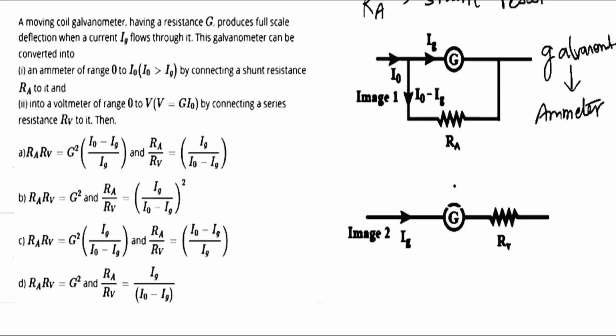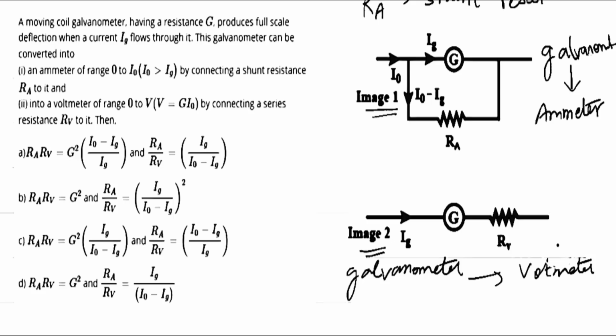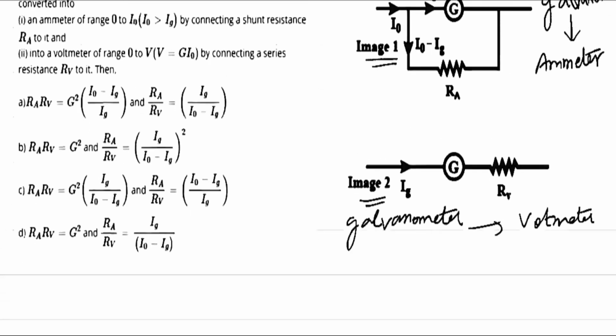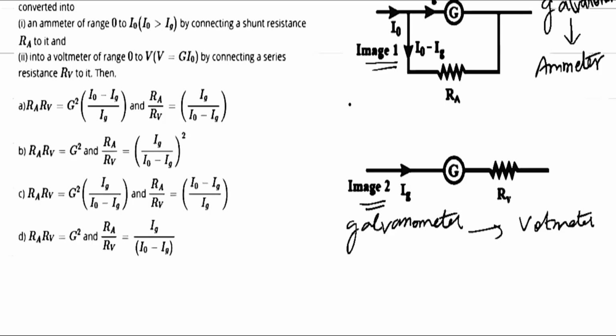That is the first figure, and in the second figure the galvanometer is converted into a voltmeter. So these are the two diagrams which we need to understand with respect to the conversions.